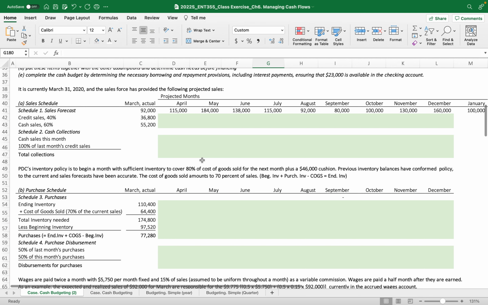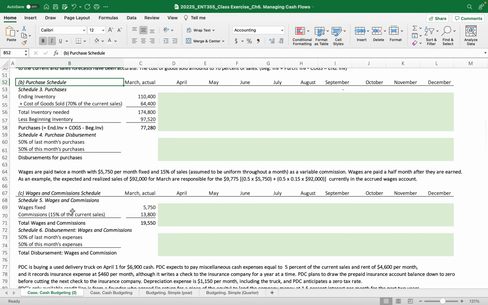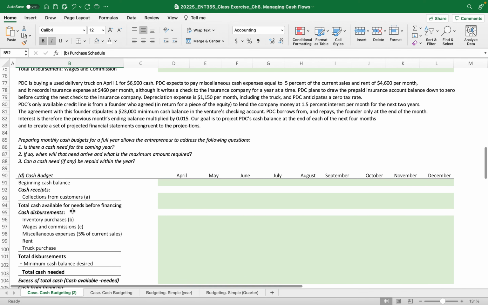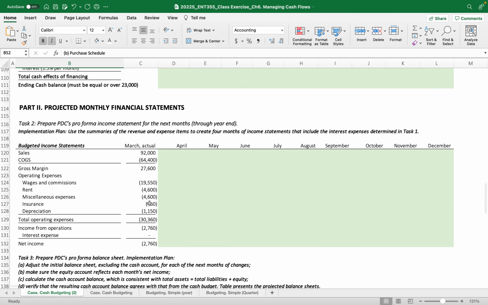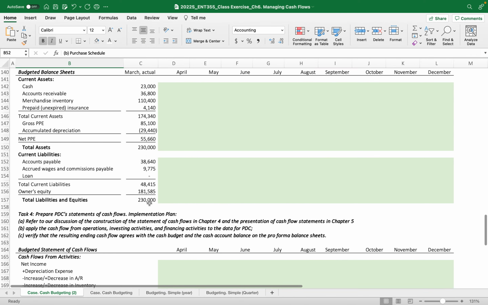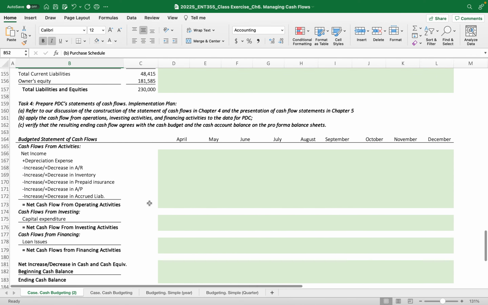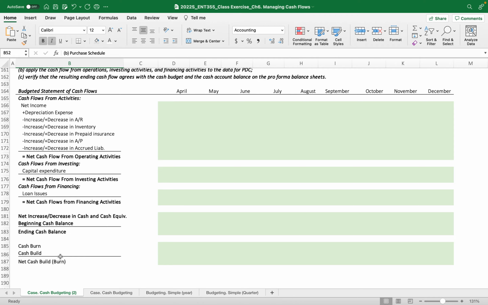So as you can see, we have the sales schedule, the purchase schedule, and the wages and commission schedule, and then we'll create a cash budget. And then in part 2, the projected monthly financial statements: the income statements, the balance sheets and the cash flow statements with the cash information.